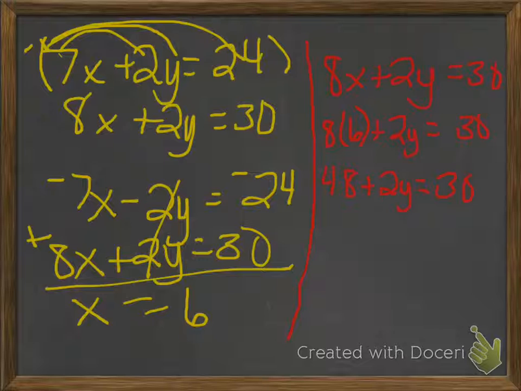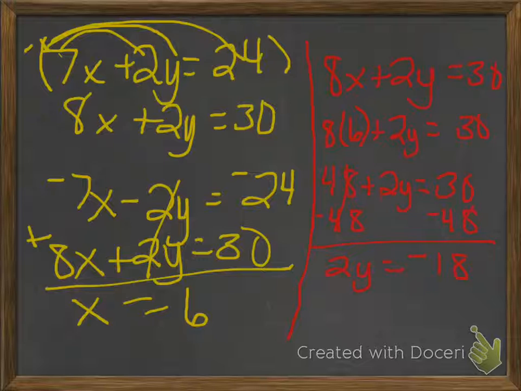Okay, so now I'm going to subtract 48 from both sides. So minus 48, minus 48. That's going to be a 0 pair. So I'm left with 2y equals negative 18.